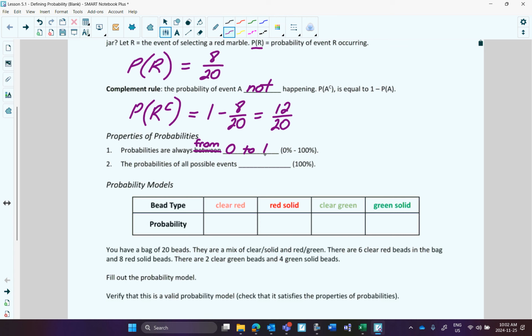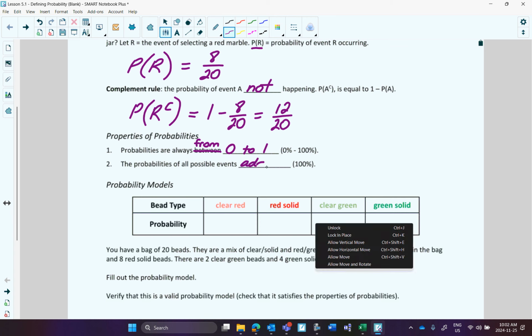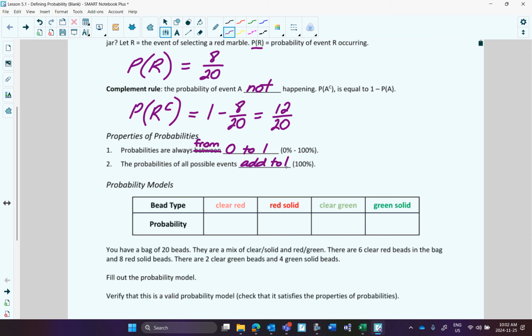And the probabilities of all possible events add to 1. And of course, from 0 to 1 is 0% to 100%, and if they add to 1, they add to 100% if they're expressed in percent form.